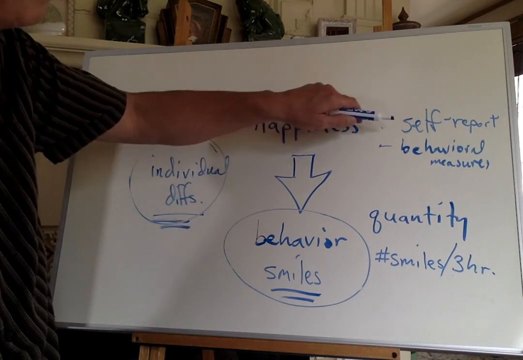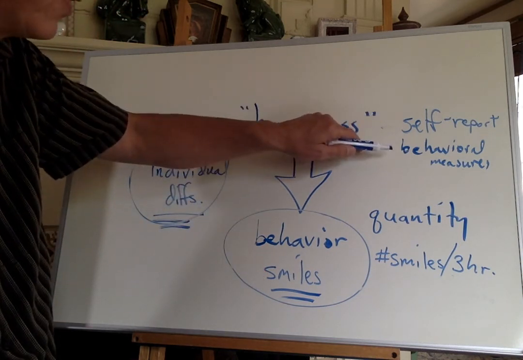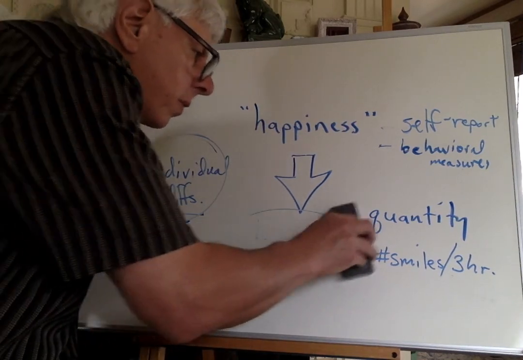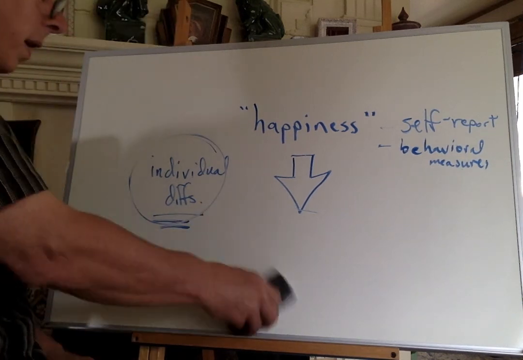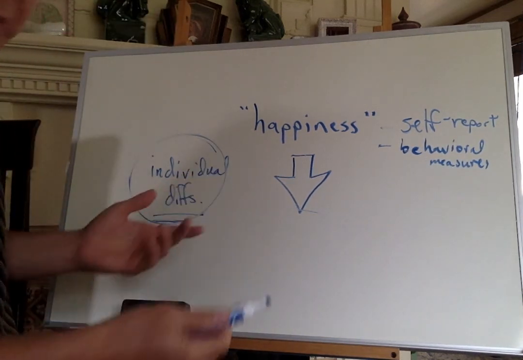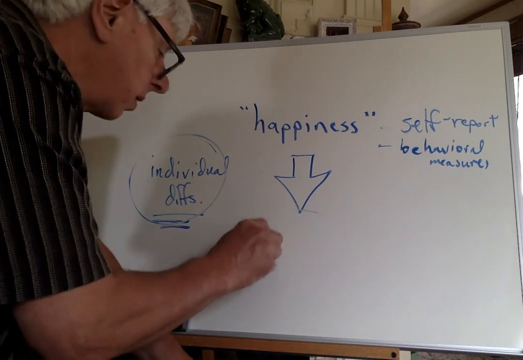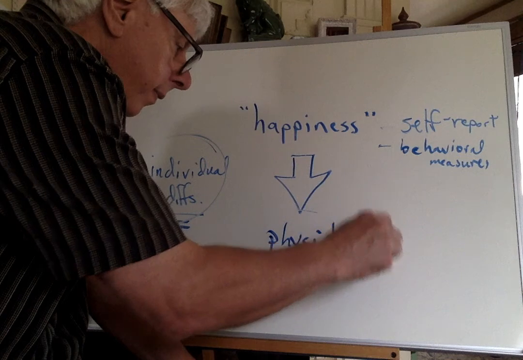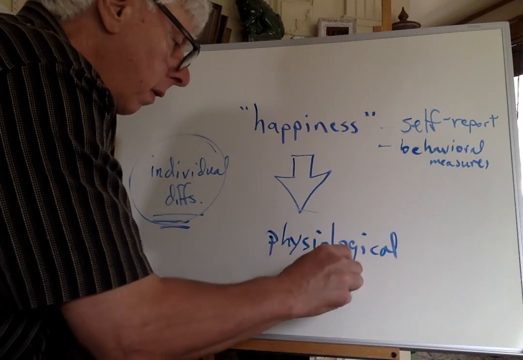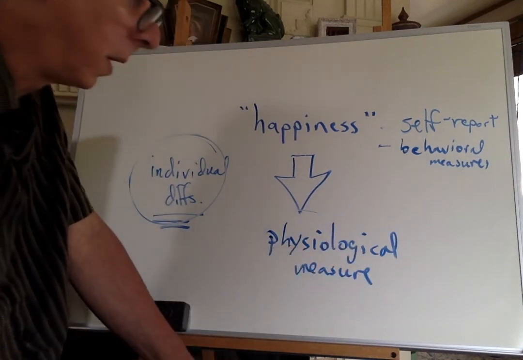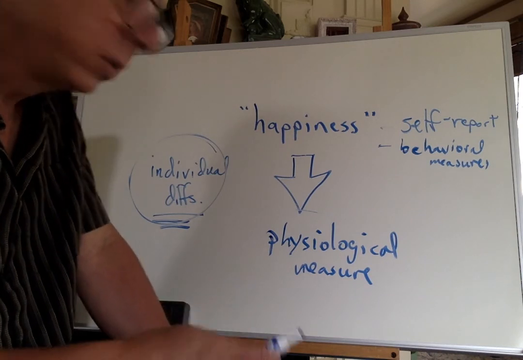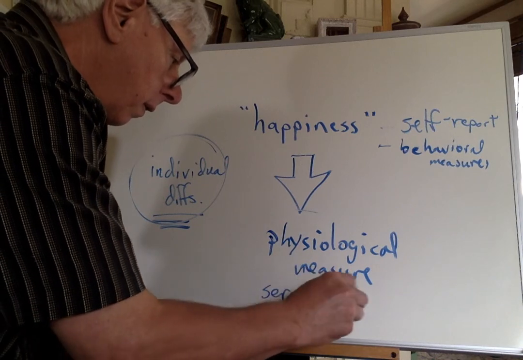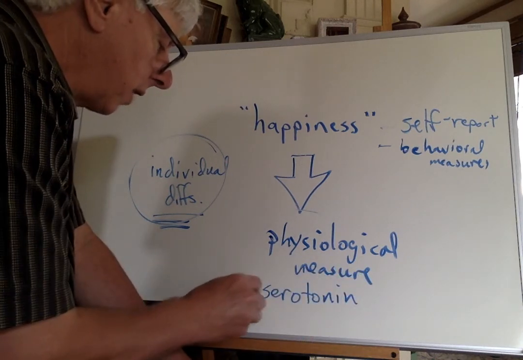Okay, self-report, behavioral measures. And another general category of measurement, and we could do this for happiness, is some kind of physiological measure. So, for example, you might look at levels of serotonin in your blood.